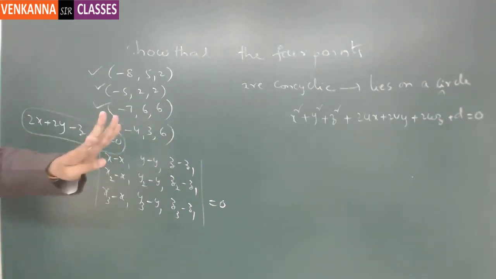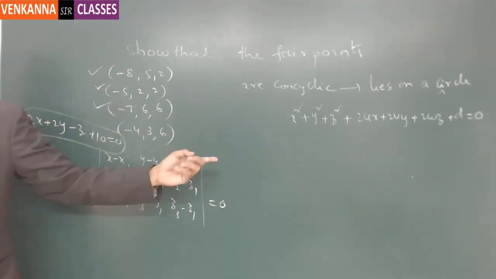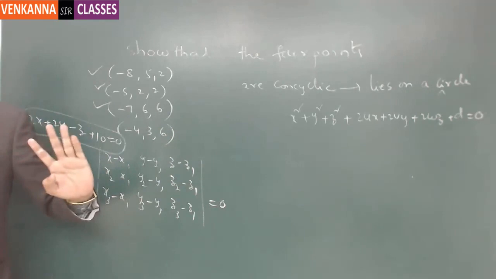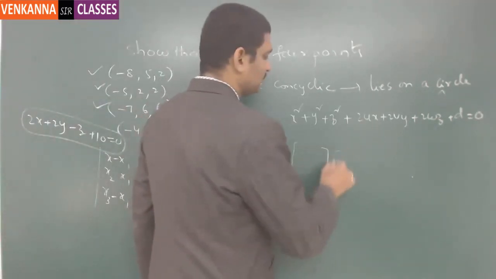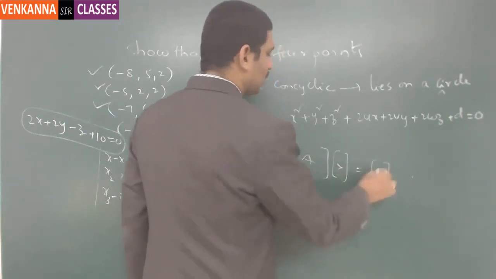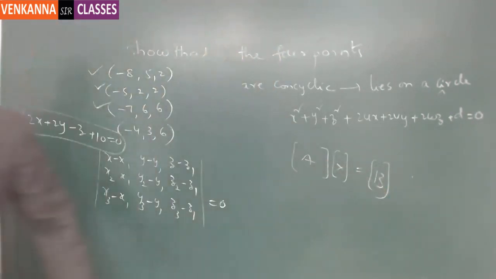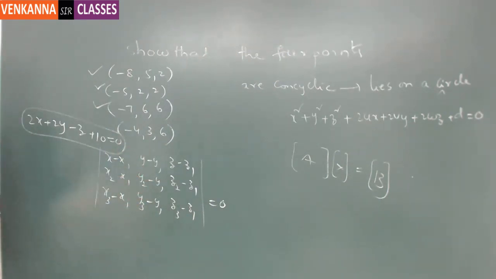You will get 4 equations. Solving them, you will get the values of u, v, w and d. That is the usual method. Substitution takes time, and solving 4 equations will also take time. If you convert the equations into matrix form, Ax equal to b, to determine u, v, w and d values, that is fine.